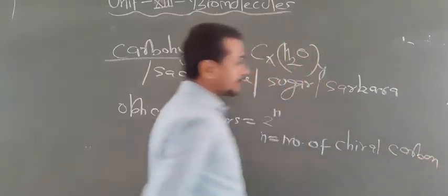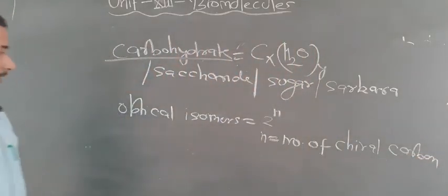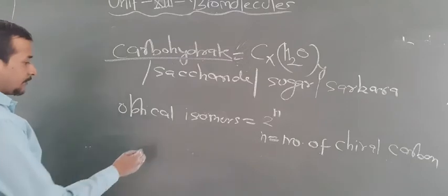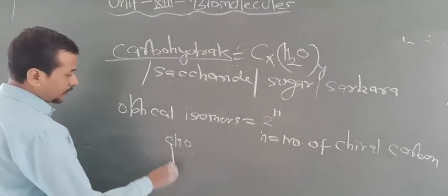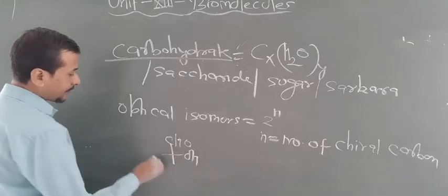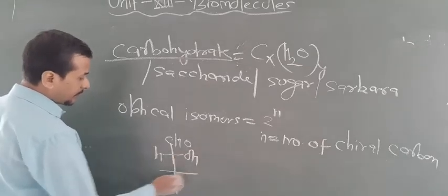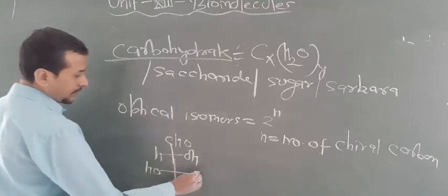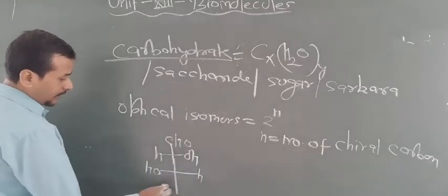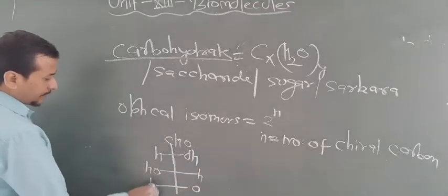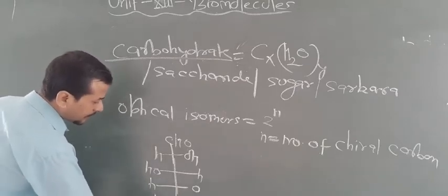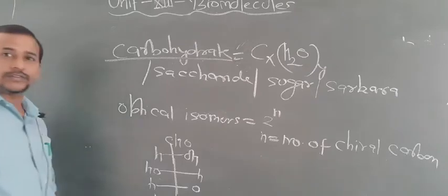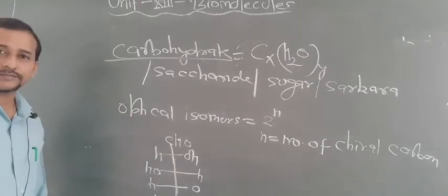Okay. Now if one question arises, find the optical isomers of glucose, then look at the structure of glucose. At the second carbon OH is on the right side, only the third carbon OH is on the left side, all the other OH are on the right side, and lastly this contains CH2OH. Okay, so this is the structure of glucose.